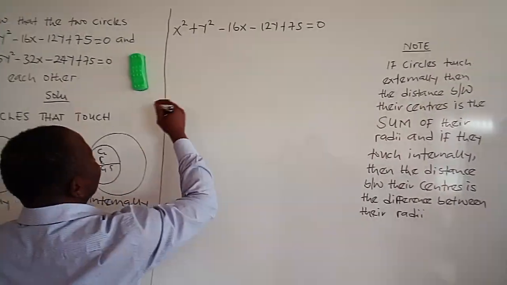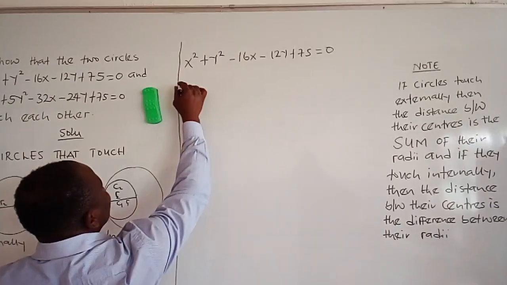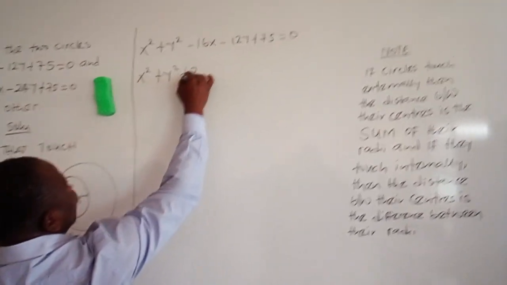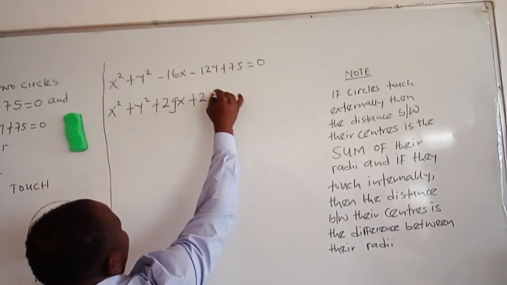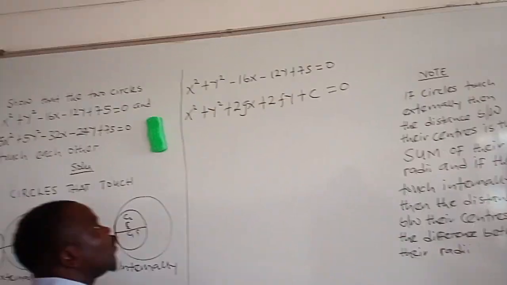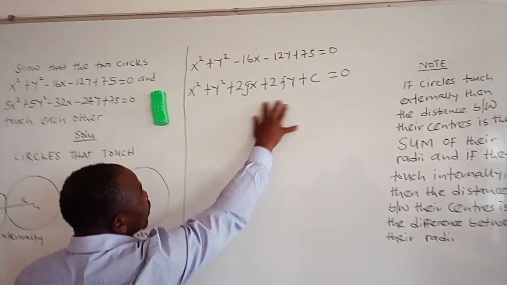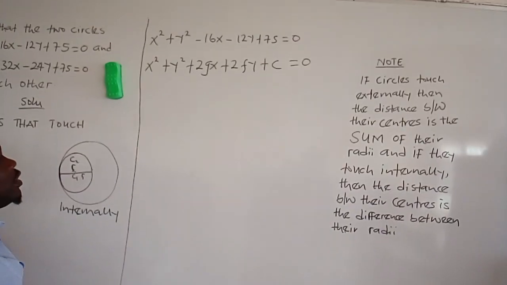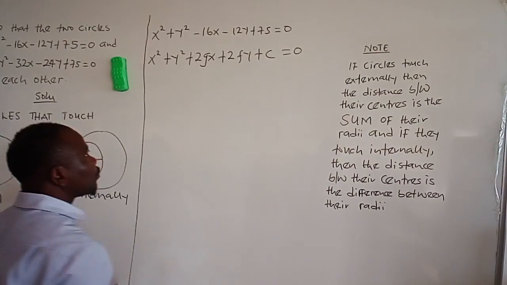with the general equation of a circle. Let us write down the general equation of a circle. The general equation of a circle is given as x squared plus y squared plus 2gx plus 2fy plus c equals 0. So now, if we compare it with this, it's from this equation we are going to obtain our g, f and c.